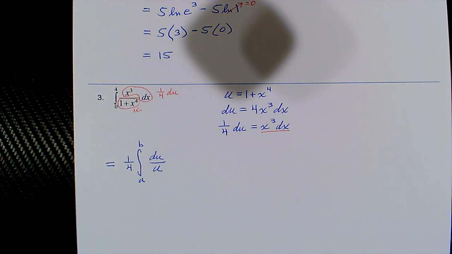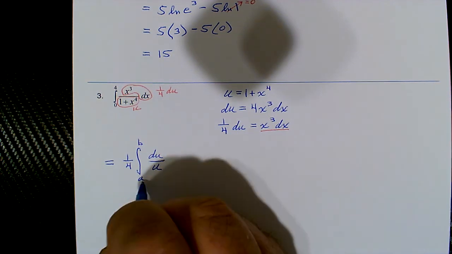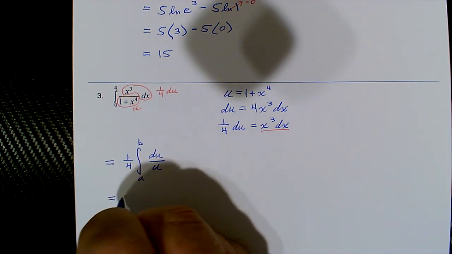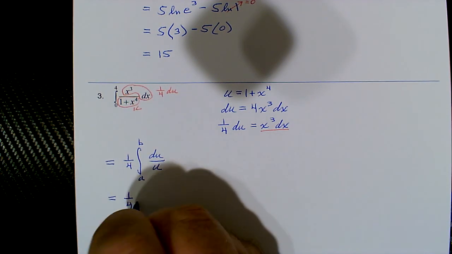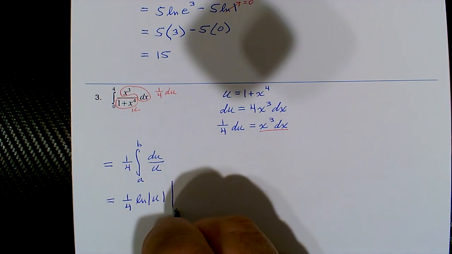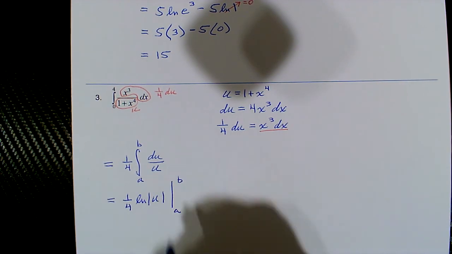Because the whole idea is that we are trained to back substitute. So I'm going to integrate as normal, and then after I back substitute, then I'm going to use the original limits of integration. So these a and b, they just kind of hold the place values. Because then we integrate, we get 1/4 natural log absolute value of u, evaluated from a to b.